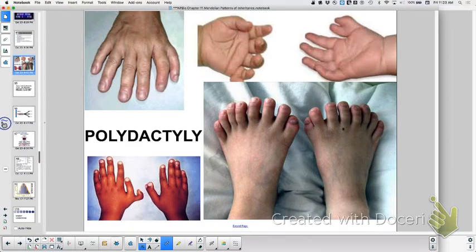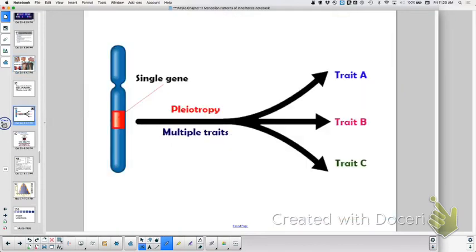All right, now, pleiotropy is one gene giving you multiple traits from that one gene. I would think the best, did I show you this before? Okay, so a really good example of this is Down syndrome, right? Remember, that one gene, though, there are a lot of things. Mental capacity, right?